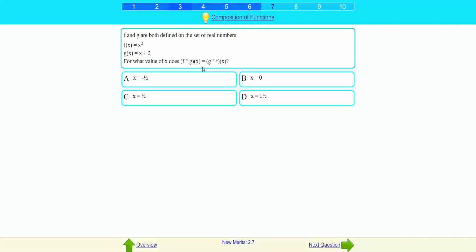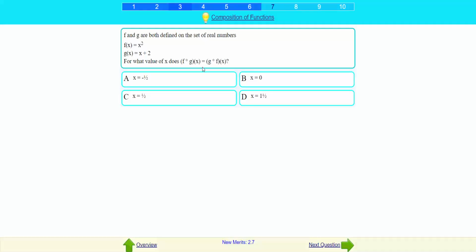2 doesn't work, so b is eliminated. Now half, if you apply the half, so half squared plus 2, this equals... So half plus 2 all squared.